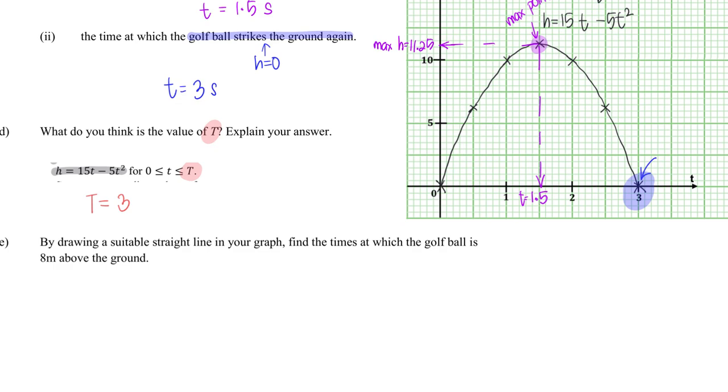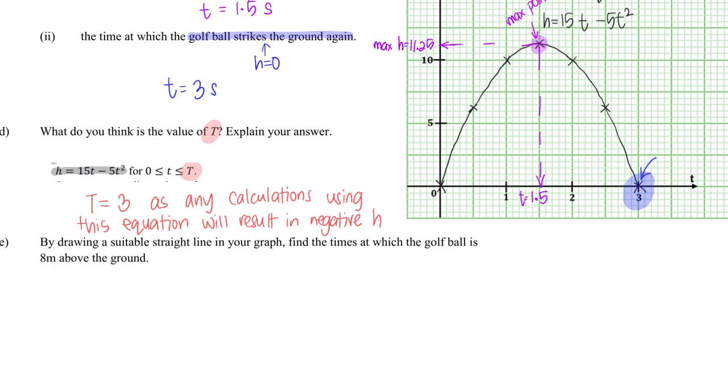Because any point from this onwards, any calculations using this equation will result in negative h, and there is no height that is negative. All right, so the negative height is important, this idea.